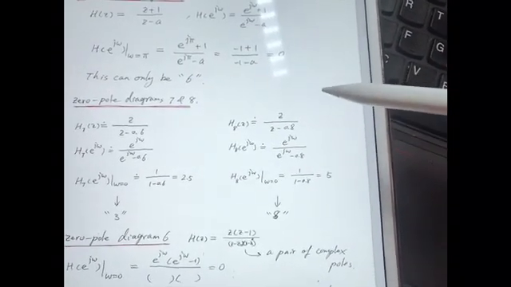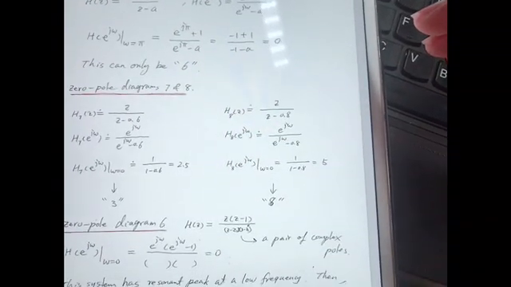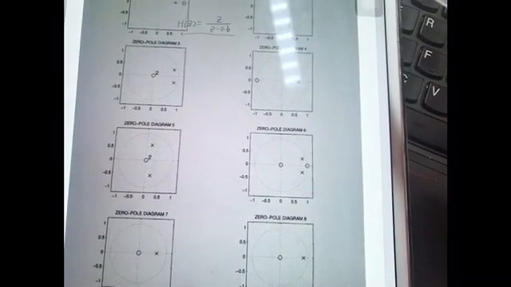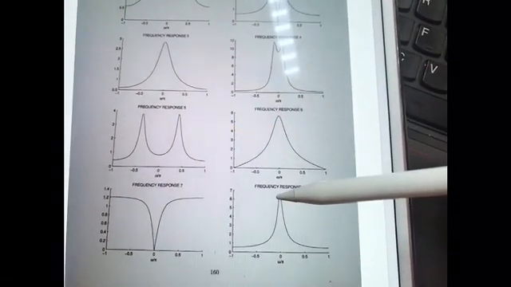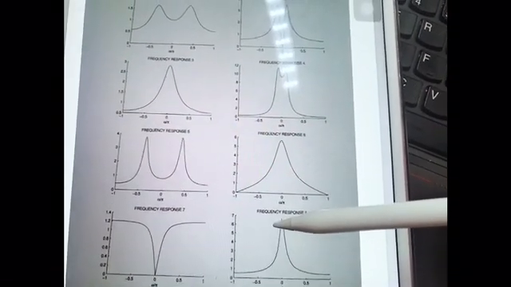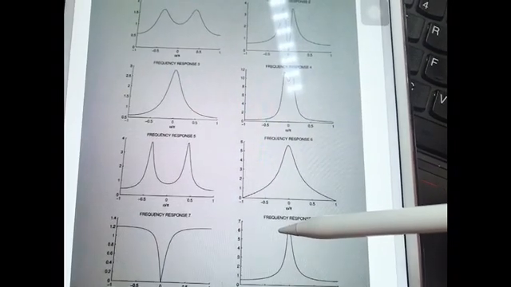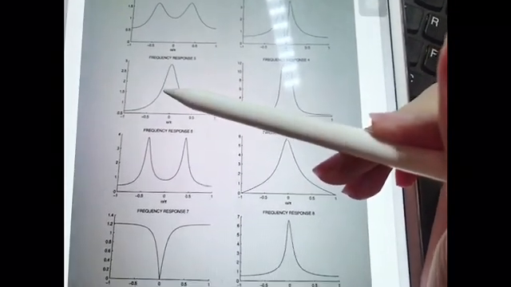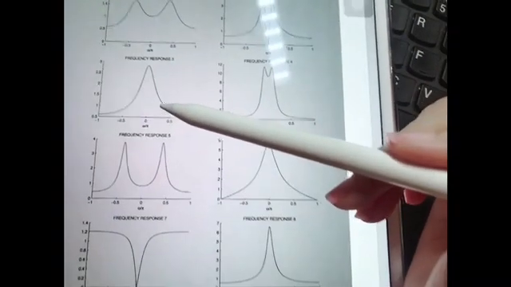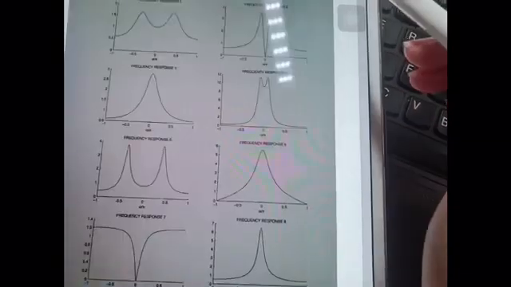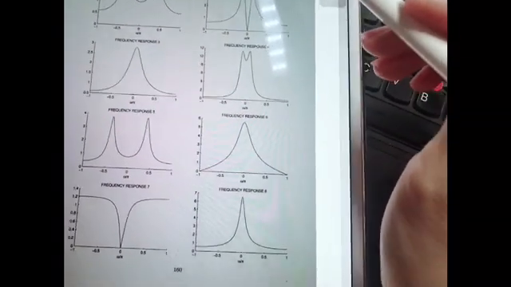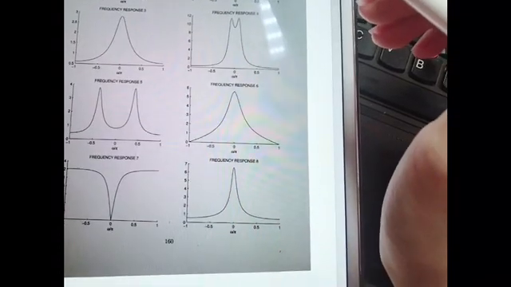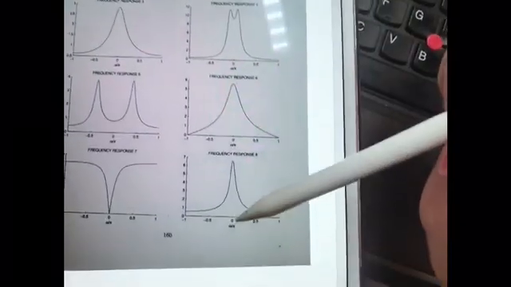So back to the response graph, we can find number 7, which is 2.5 when ω equals 0. So it will be the third one, right? Yeah, and when ω equals 0 it approximately equals 5. This may be the 8th one.